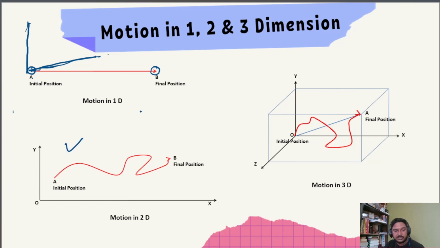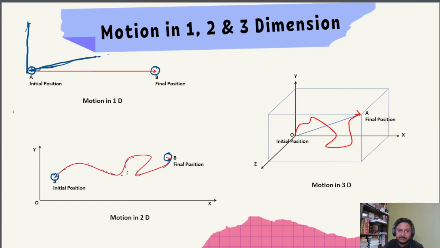Let us go to this graph, or this diagram, as you can see. The particle was initially at the point A, and it moved to the point B, but not in a straight line, but in a curved path. This is the curved path, the red colored line. The particle moved throughout this red colored zigzag path to B. So you cannot align a single axis along this path.